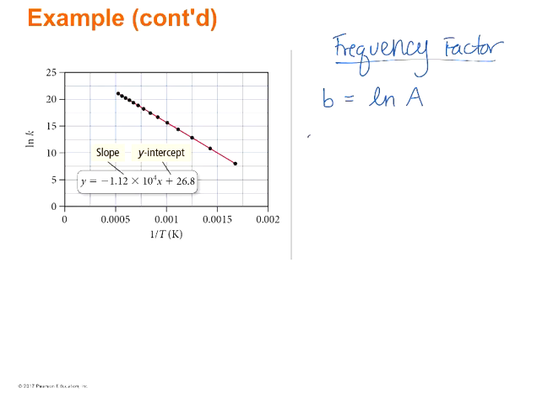So our y-intercept is 26.8, and we're going to set that equal to the natural log of A. In order to solve for A, we have to take the inverse natural logarithm, so that would be e to the 26.8, and we'll set that equal to A. And that is going to equal 4.36 times 10 to the 11th. And that is our frequency factor.